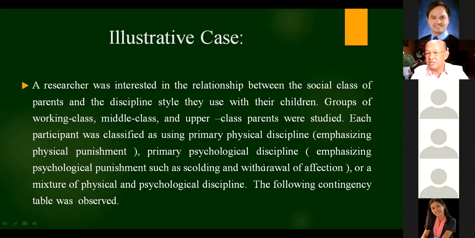How do we differentiate? The psychological discipline style emphasizes psychological punishment such as scolding or withdrawal of affection, but not in any way does the parent use, shall we say, pinching or spanking the children. And sometimes the third category or classification is mixed physical and psychological discipline.